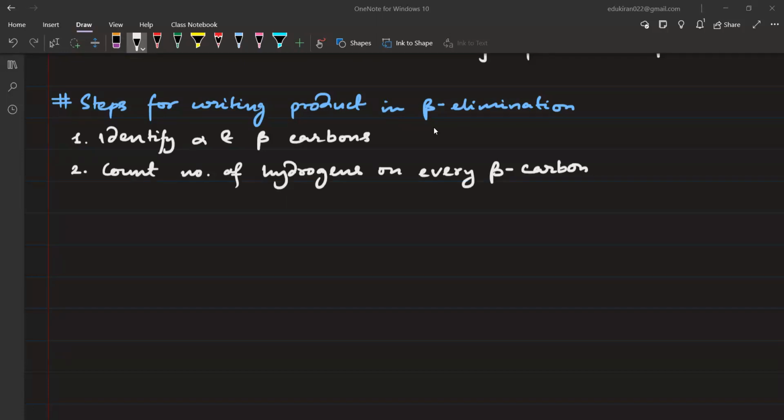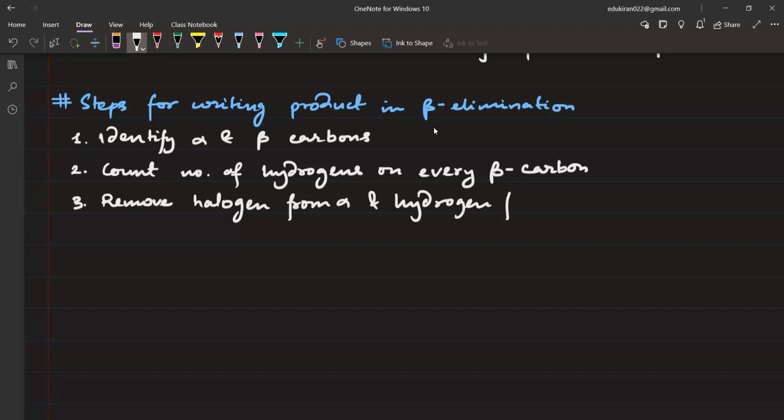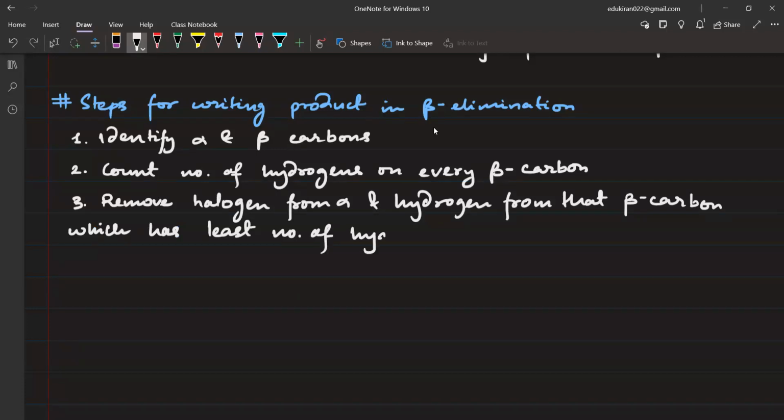Third thing that we need to do is remove halogen from alpha and hydrogen from that beta carbon which has least number of hydrogen. ठीक है.